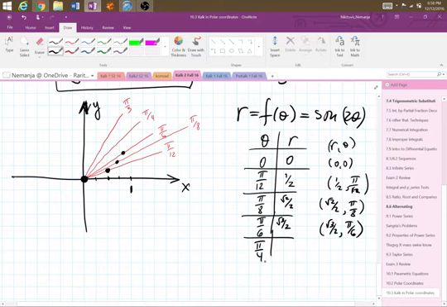Pi over 4 times 2 is pi over 2. Sine of pi over 2 is 1. So 1 and pi over 4. And this is the peak. So I think you see that from 0 to pi over 4, we got only half of the petal.